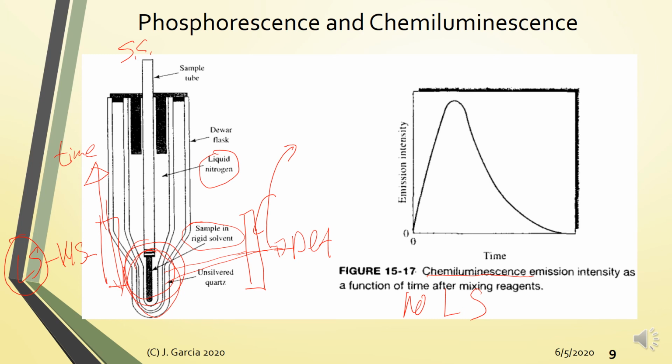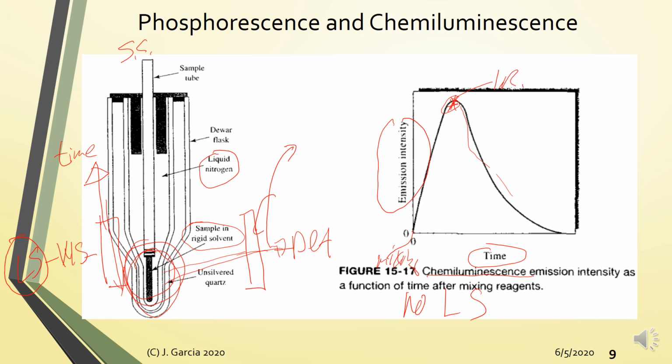This is an example of the time versus emission intensity plot for chemiluminescence. Time 0 is the moment of mixing. What we get as your instrument response would be the peak maximum, because it is expected that after reaching the maximum, the emission intensity will decay, because the chemicals are being consumed during the reaction. So we take this part here and use it as your instrument response.